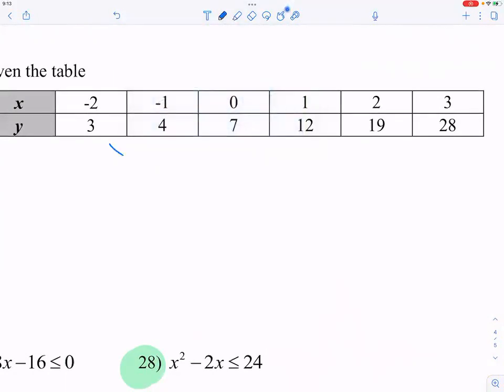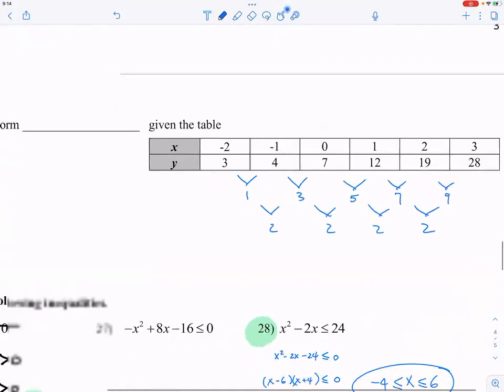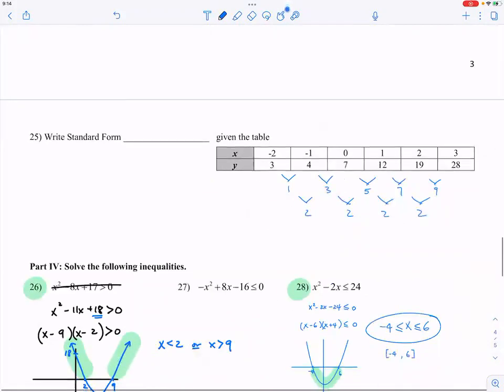So 4 minus 3 is 1. 7 minus 4 is 3. 12 minus 7 is 5. 19 minus 12 is 7. 28 minus 19 is 9. And then you do the second difference, which is 2, 2, 2, 2. And we say, yes, it's a quadratic. But now, we don't need you to write down the standard form. We just need you to know whether it is a quadratic or not. Okay?